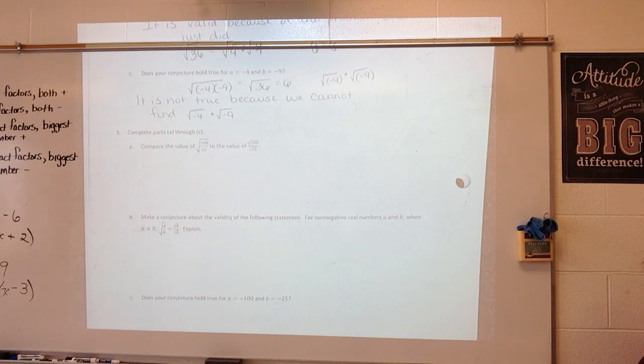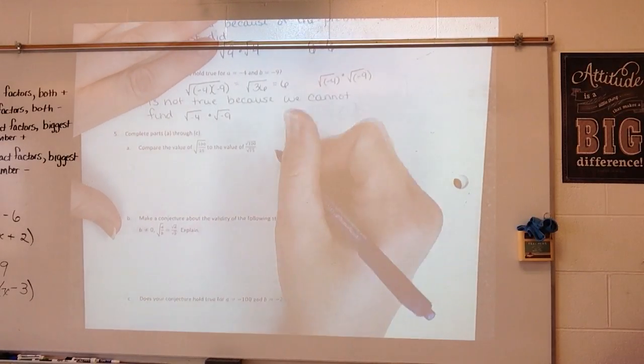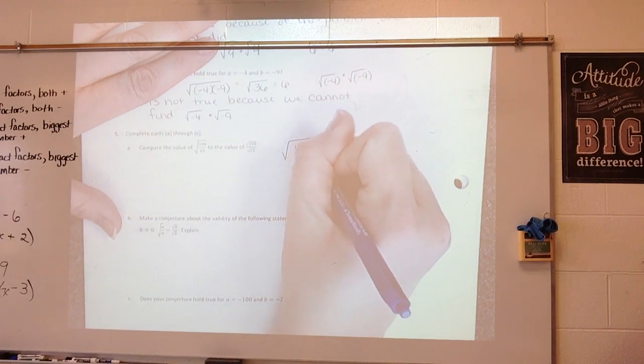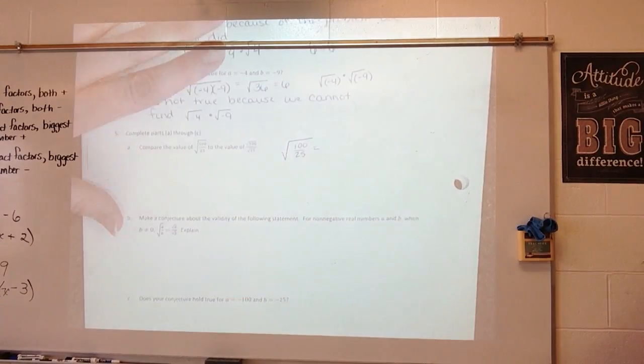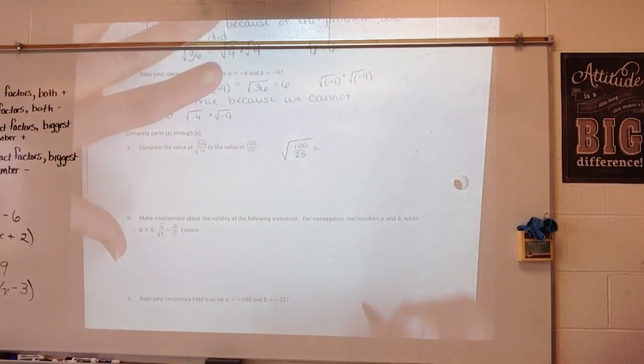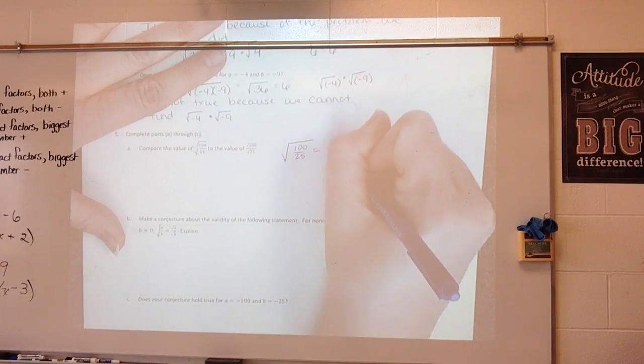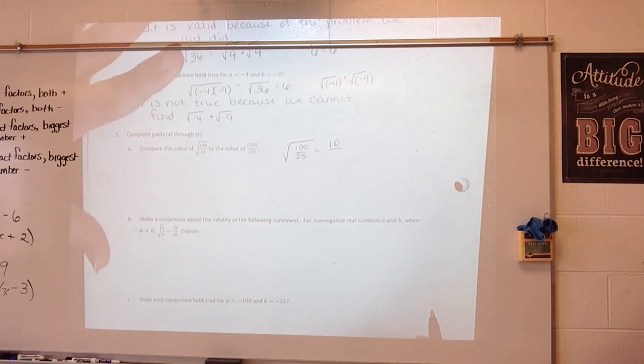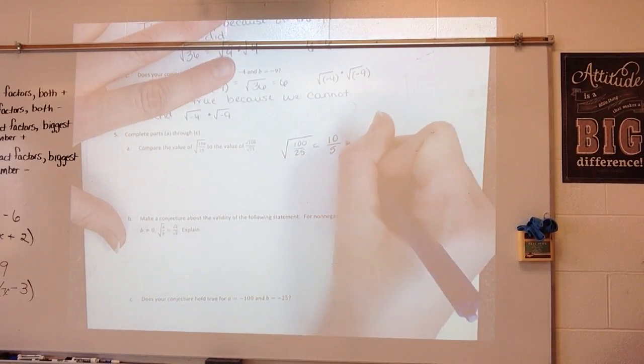All right, complete parts A through C, and then compare the value of the square root of 100 over 25 to the value of the square root of 100 over the square root of 25. All right, so let's look at this for just a second. Let's take the square root of 100 over 25. Guys, what is the square root of 100? That is 10 over the square root of 25 is 5, which is 2.